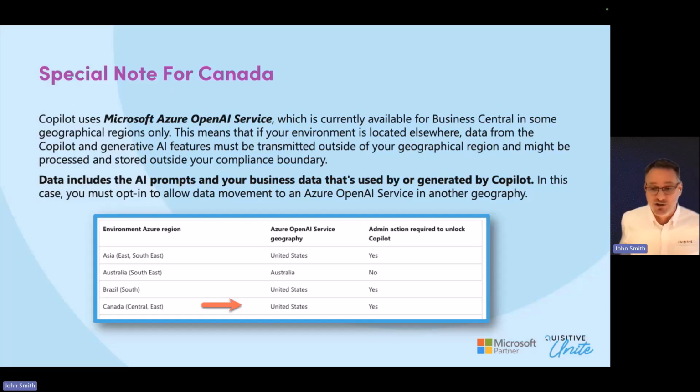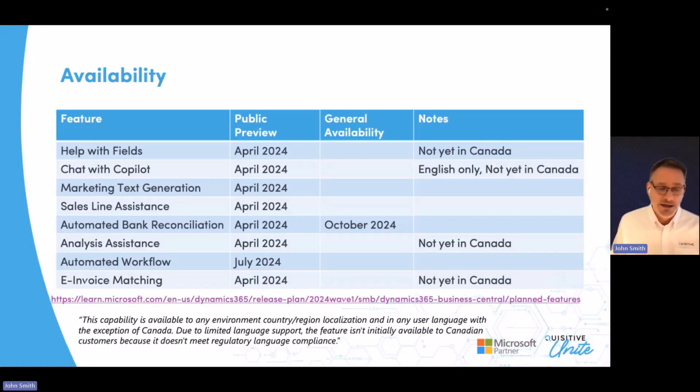It doesn't expose all your business data outside Canada, and Microsoft has very tight security around how this information is being used in the AI engine. But you will be prompted to accept that. So I just want to let everybody in Canada know that if you turn this on, expect to see that prompt.